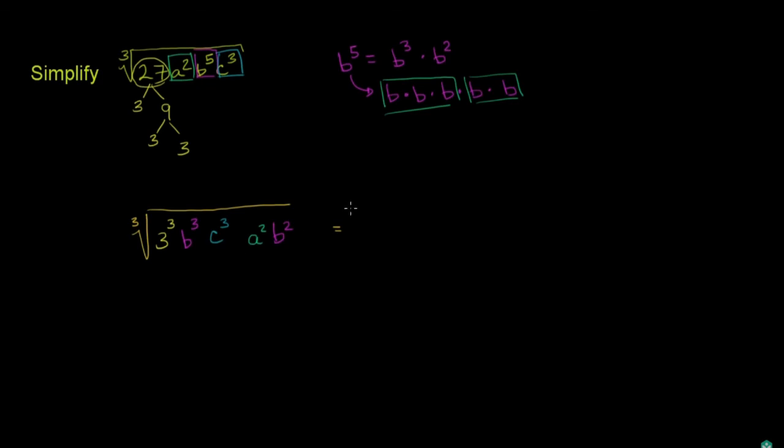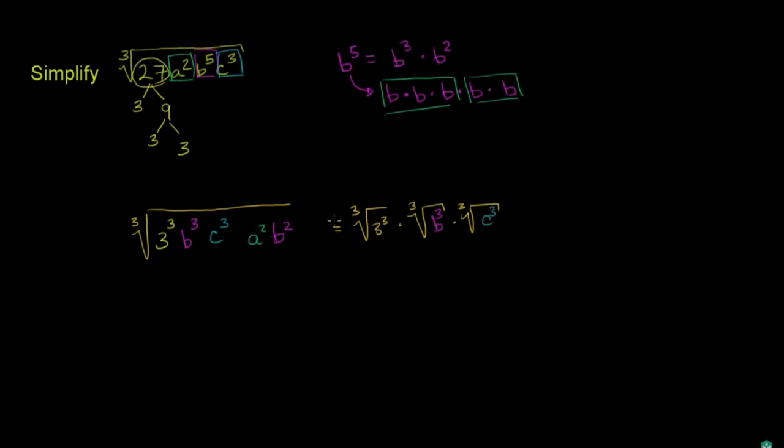So this is the same thing as the cube root of 3 to the third times the cube root of b to the third times the cube root of c to the third times the cube root.